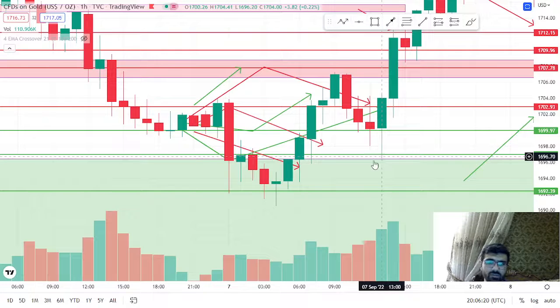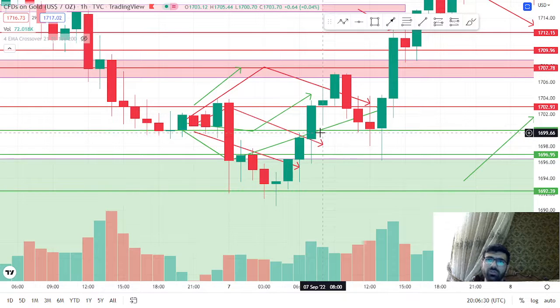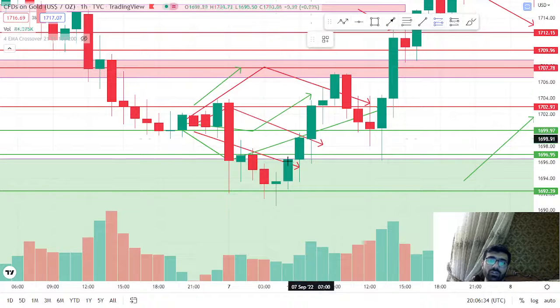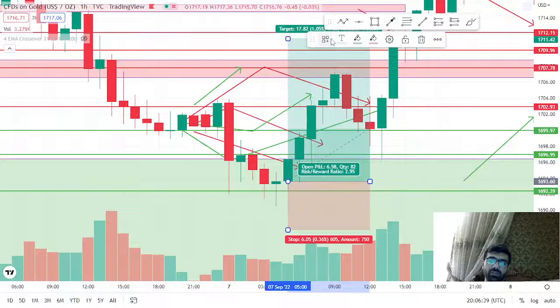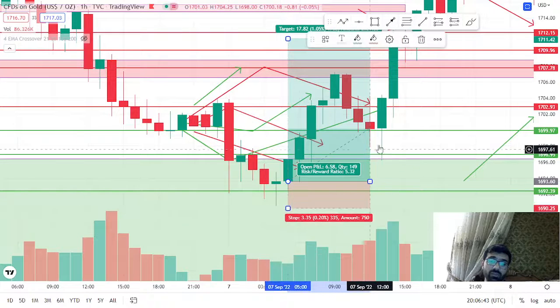And then we gave you a buying area of this support level, and the market respected this support level beautifully, and then the market went up all the way. So you guys can clearly see that if you would have taken a long trade from here, we would be still in profit and our profit would be amazing.